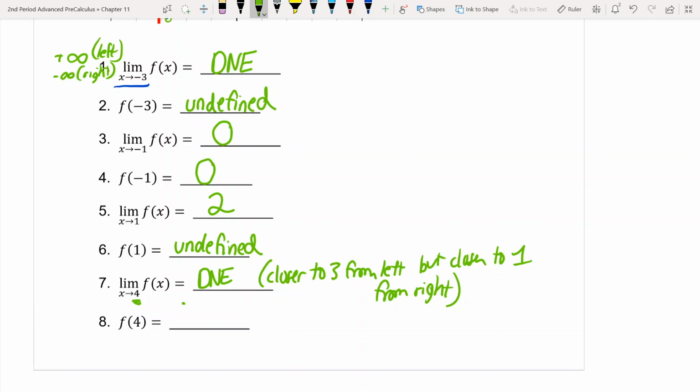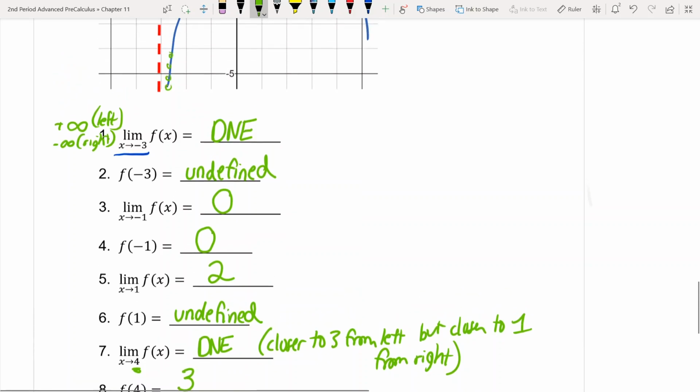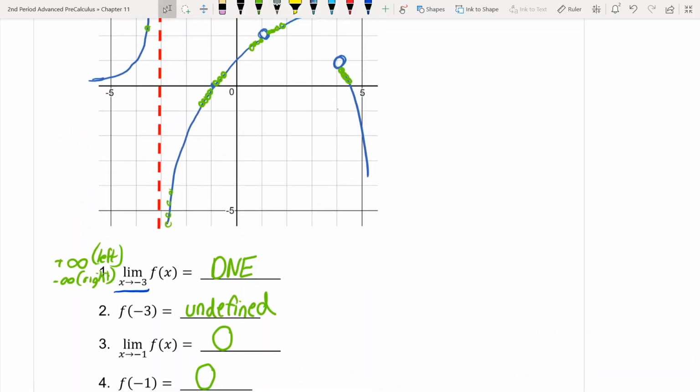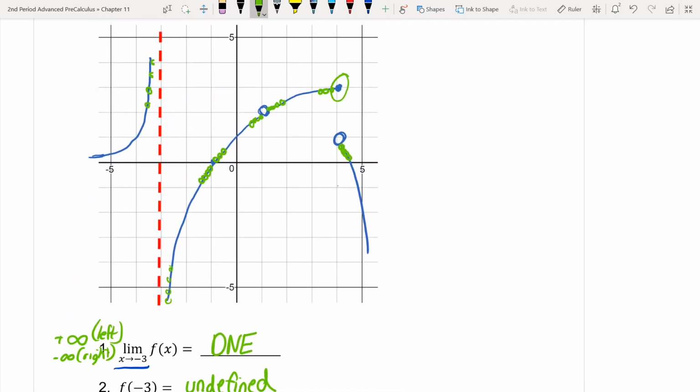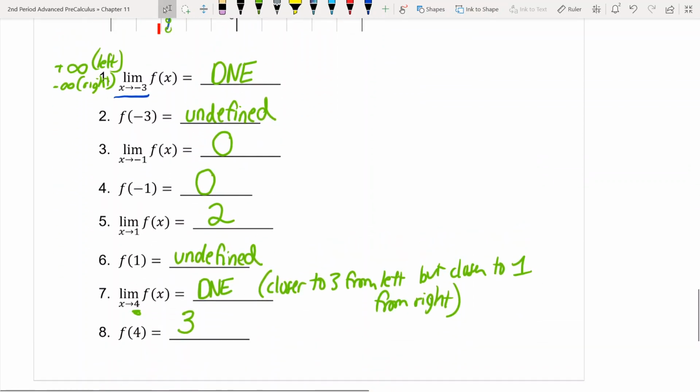But then f of 4 is defined, and it's going to be 3 because you've got a filled-in circle here at f of 4. But once again, the limit is what we are getting closer and closer to, not necessarily what is happening at that point. Sometimes the limit does equal what's happening at that point, but that's only if it's filled in. It is not always guaranteed to be filled in.